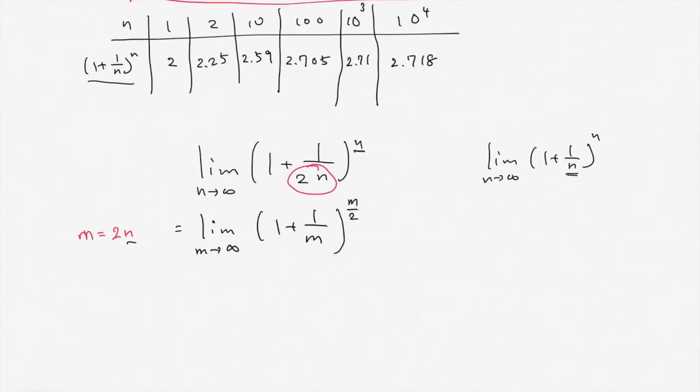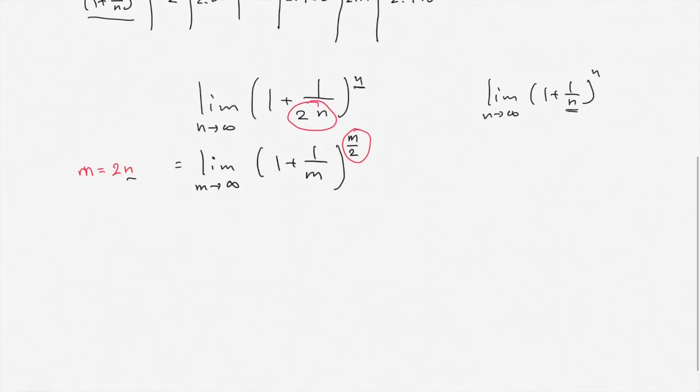So by changing n to m, we have another problem. But this problem is actually not so serious. It's the limit as m goes to infinity of (1 plus 1 over m), because the power index is a multiplication.